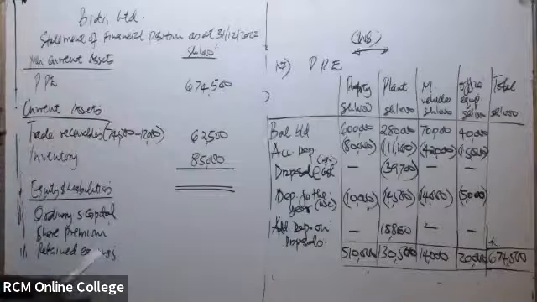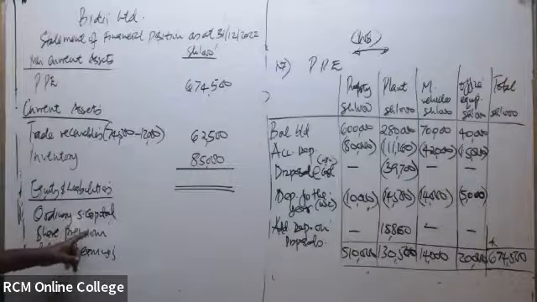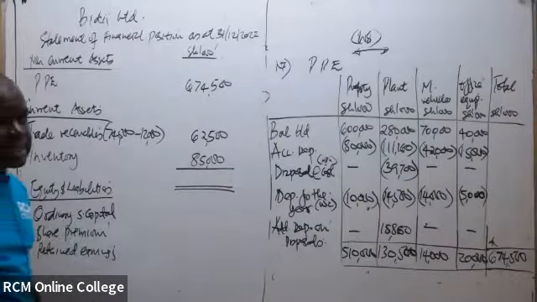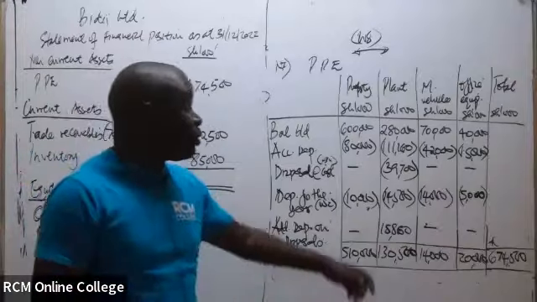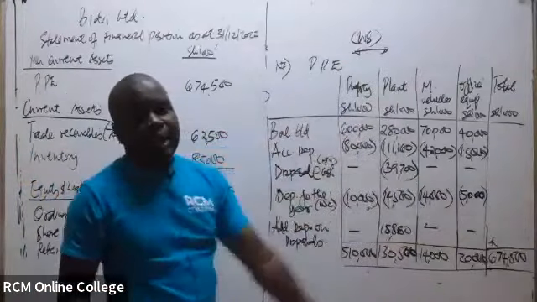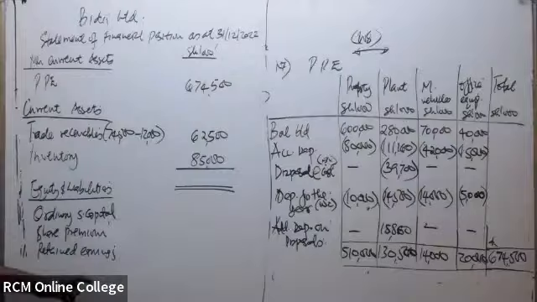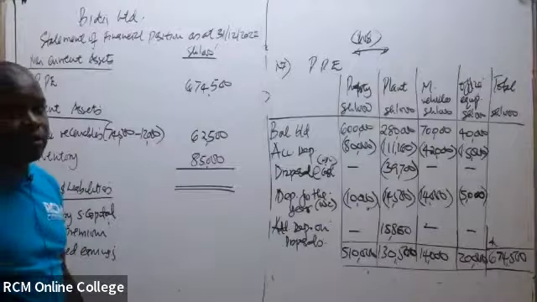You'll have to prepare it because maybe these equity elements changed. But of course, they haven't told you to prepare it as part of the requirements to score the mark. But in this case, you have no option, you have to do the working, so that you can know by the end of the year how these equity elements had changed and what the balances are by the end of the year.